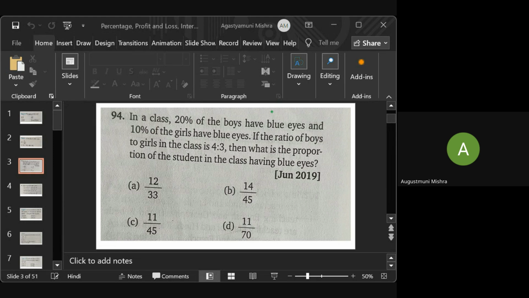You can just unmute yourself also. You can just tell the answer if you are not writing in the chat box. Two responses we have.